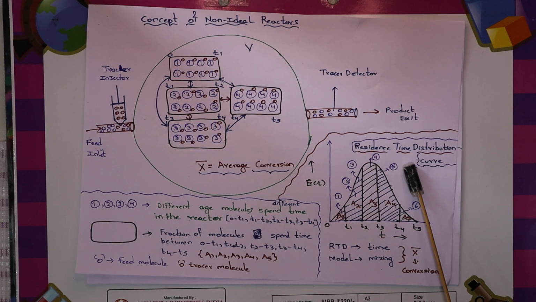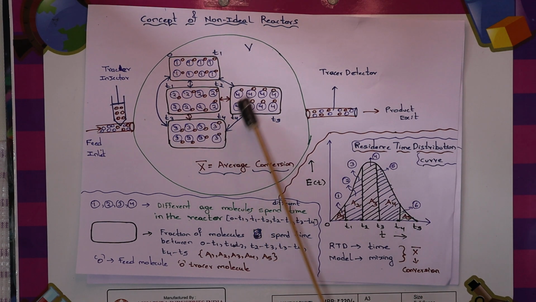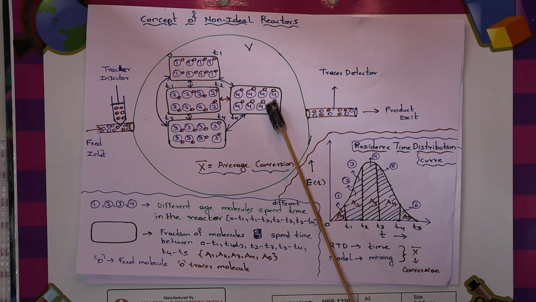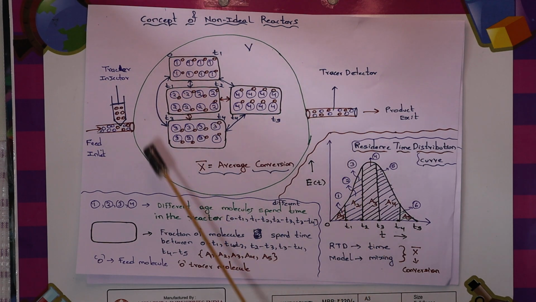So through RTD experiments, we can find out different fractions in the particular reactor, and it is important, because the less time spent in the reactor, the less the conversion in this particular fraction. The more time spent by the molecules in the reactor, the more the conversion. So somehow we get some estimate of what is happening in the reactor through the tracer curve experiments. Okay, let us move ahead.